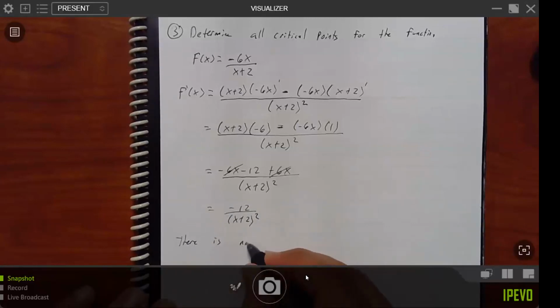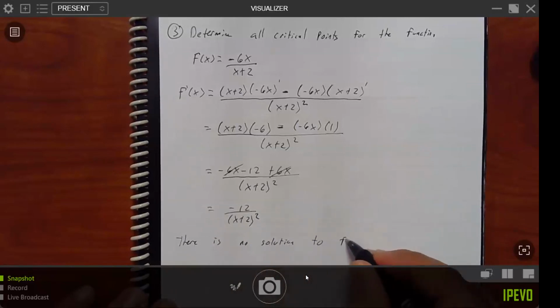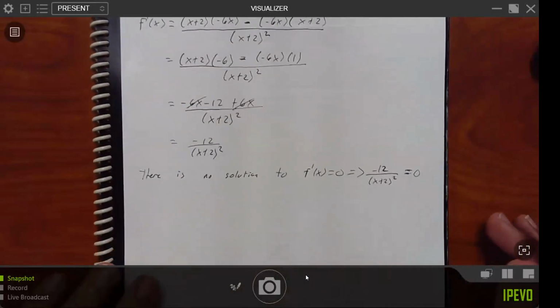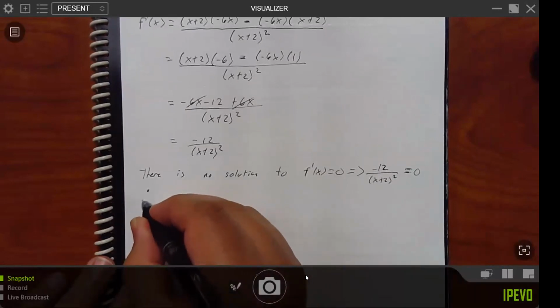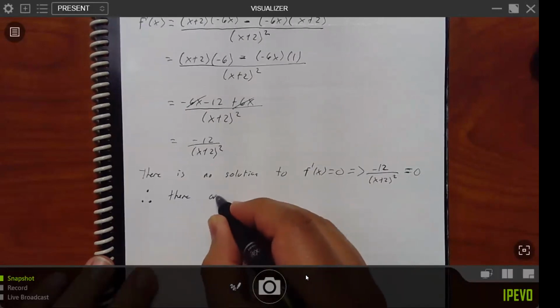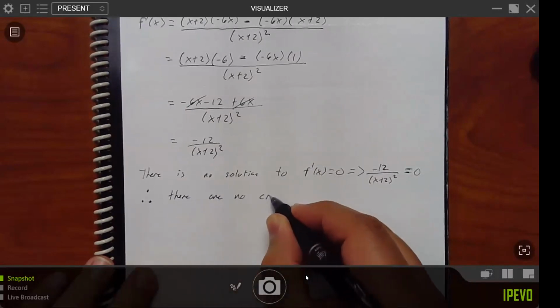There is no solution to f prime of x equal to 0. Therefore, there are no critical points.